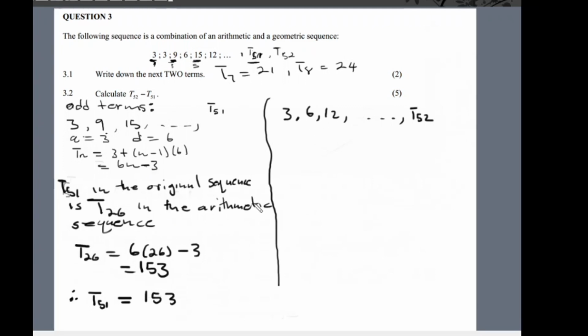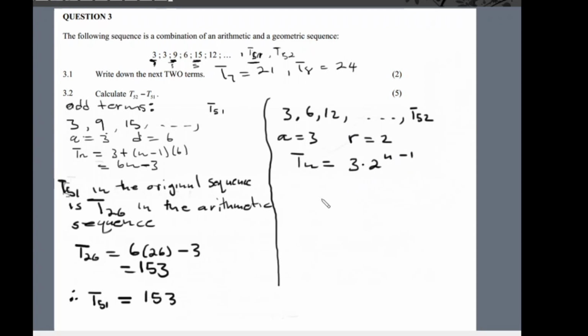Term number 52 will be term number 26 in the geometric sequence. So in the geometric sequence, the first term is 3 and the common ratio is 2. So Tn will be 3 times 2 to the power n minus 1.